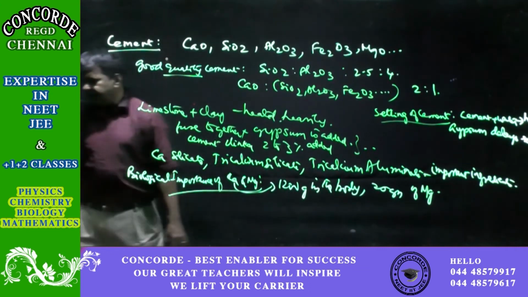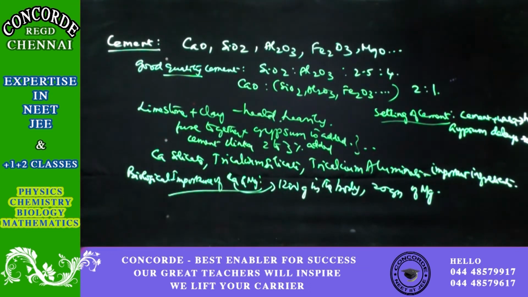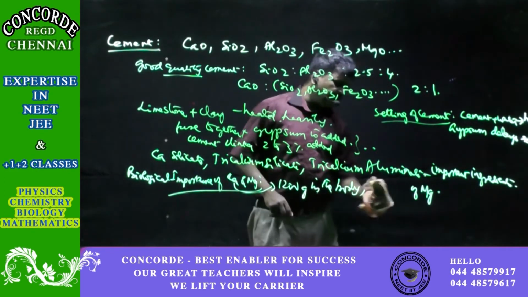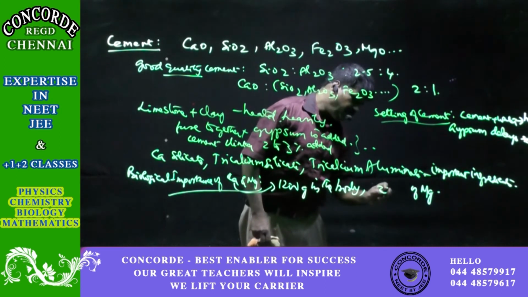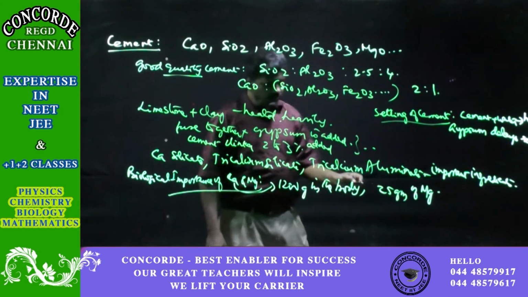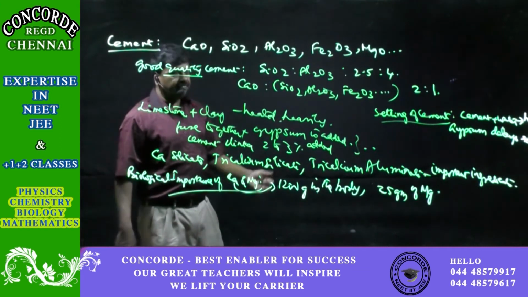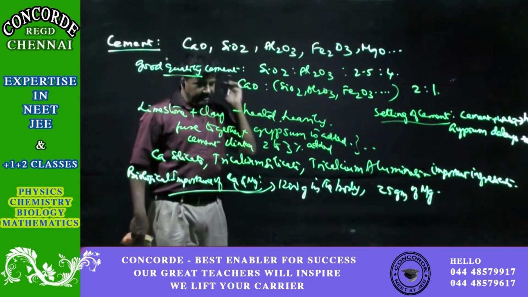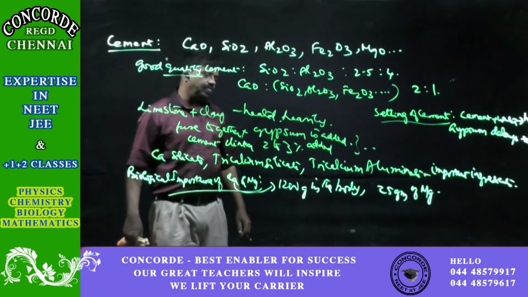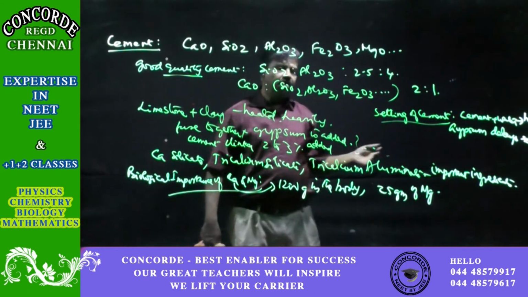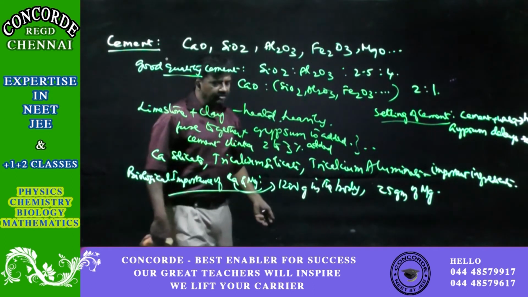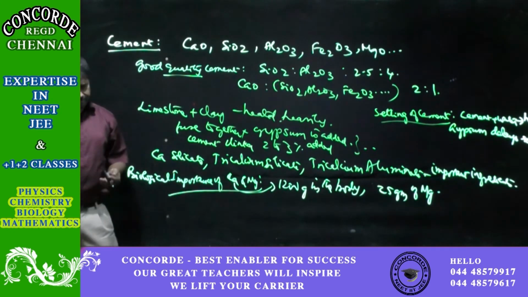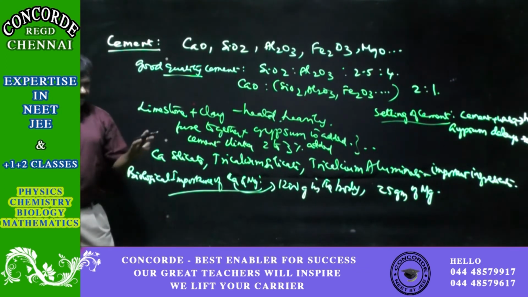So where all is magnesium used? Magnesium is very much important. Of course, even in plants it is very important. Magnesium is also an important part in the plants because all the green leaves contain magnesium.